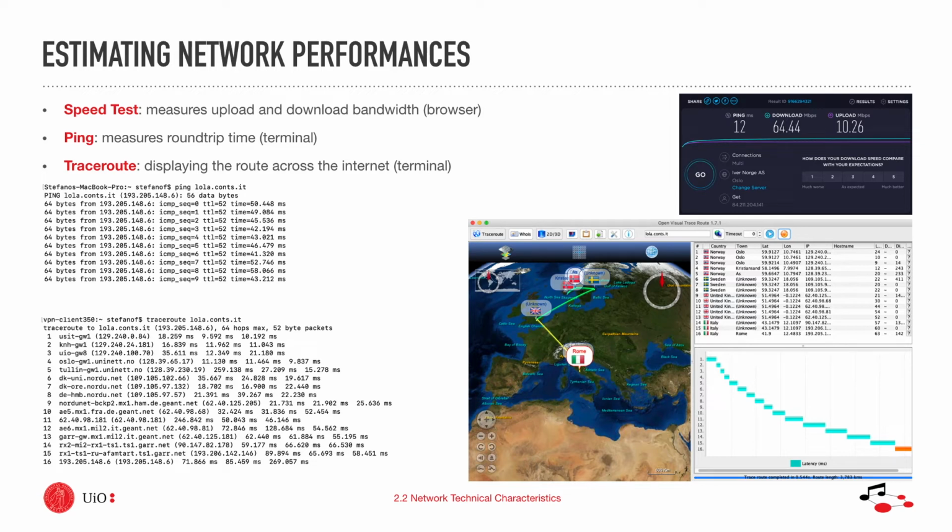Another interesting tool, still available over the terminal, the command line, is traceroute. This one will display all the routers and nodes that are between you and the other party, so you and the IP address that you're trying to reach. The ping command will give you information about how many milliseconds it takes for this round trip, so it's fairly easy to interpret.